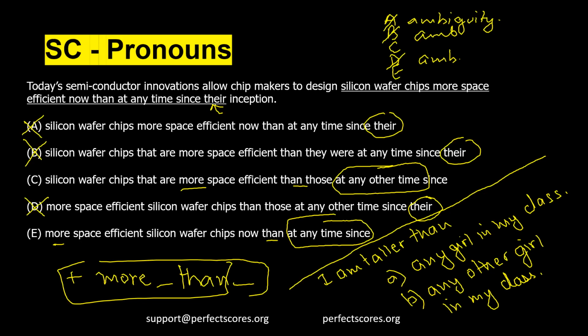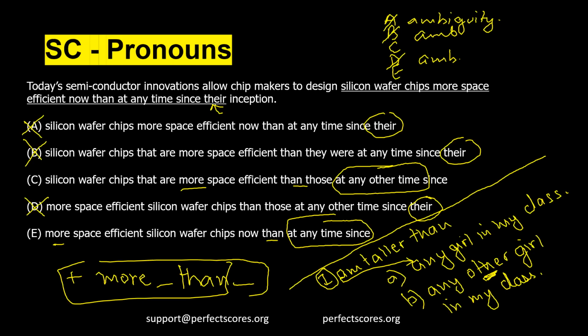B. It's B, because if you talk about A, you yourself are included in that, any girl in my class. And it won't make sense that you're saying I'm taller than myself. So you need to mention this word "other" to mention that you are excluding yourself out of that group. So, I'm taller than any other girl in my class.